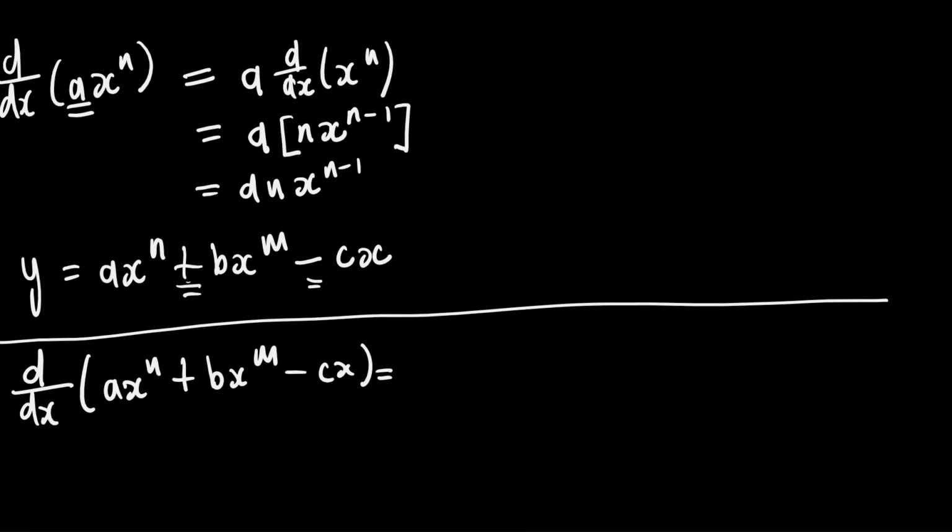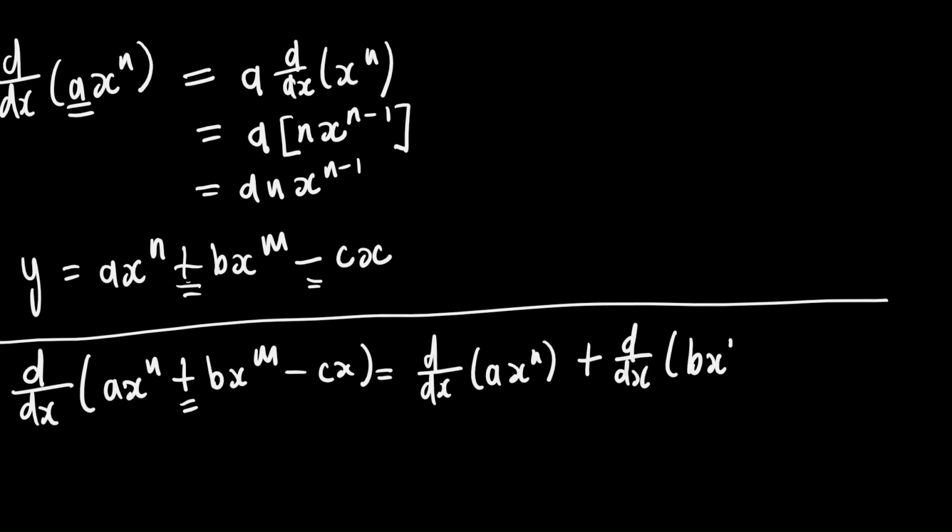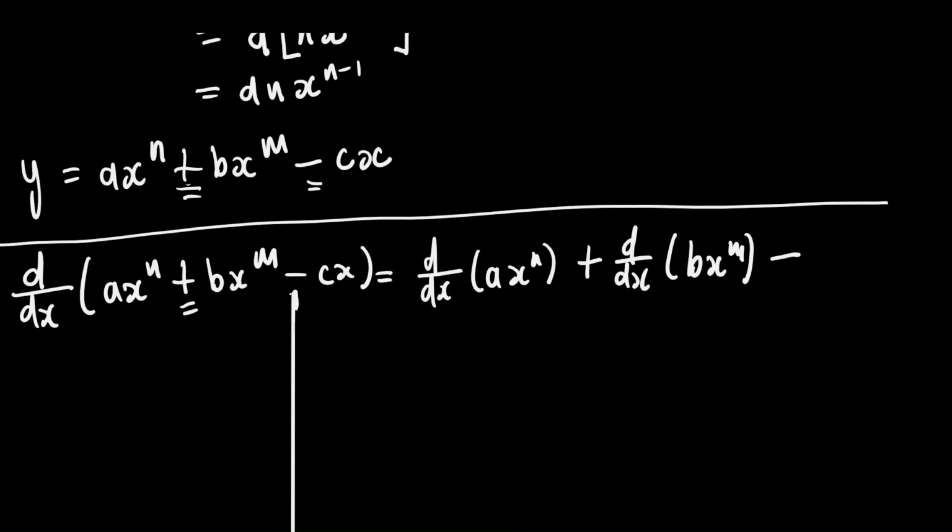It will be equal to d dx of ax to the power of n plus d dx of bx to the power of m, then minus d dx of cx, okay?